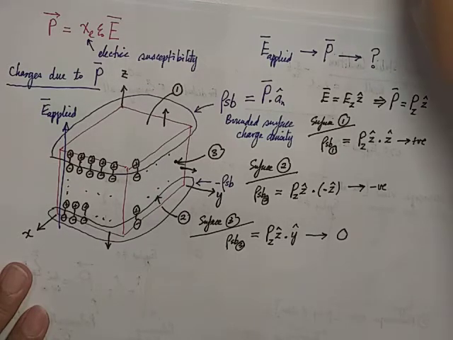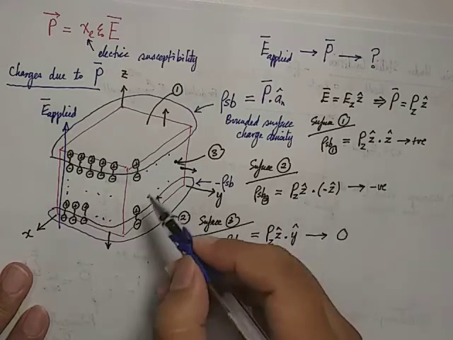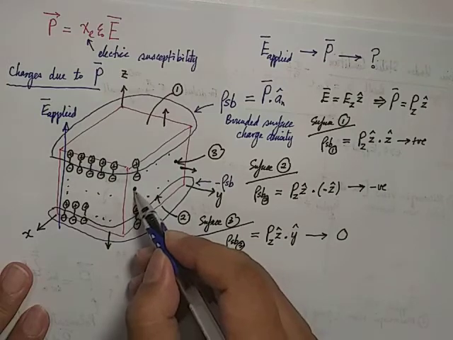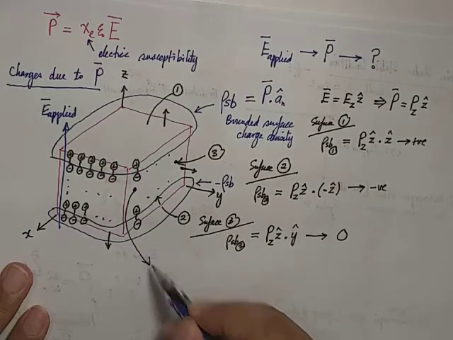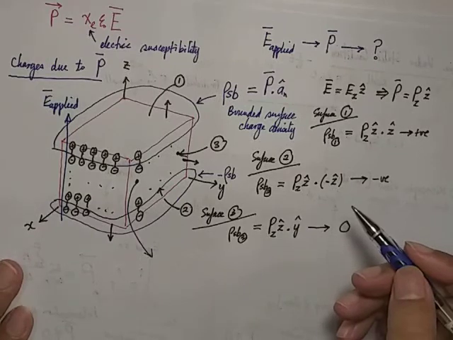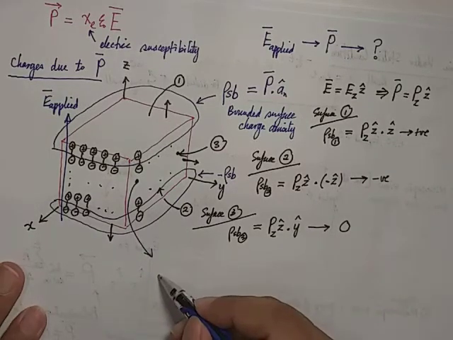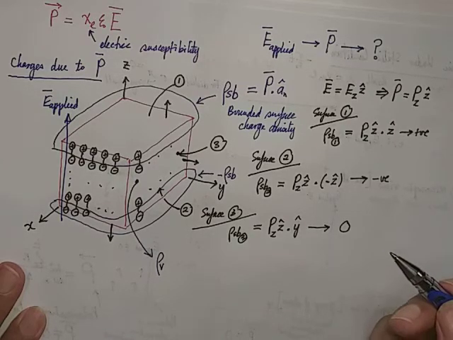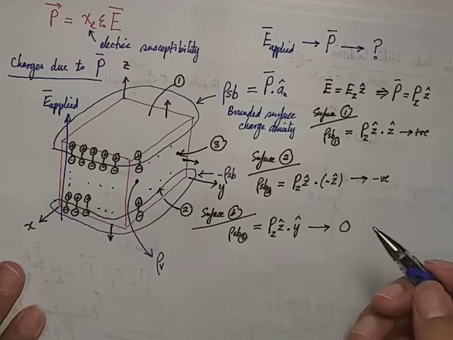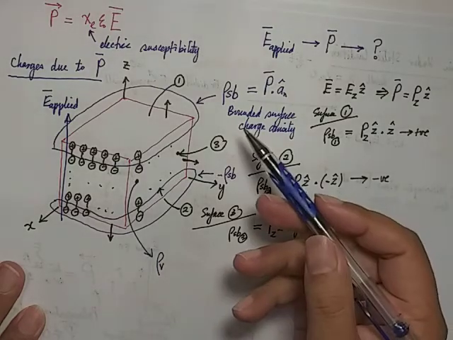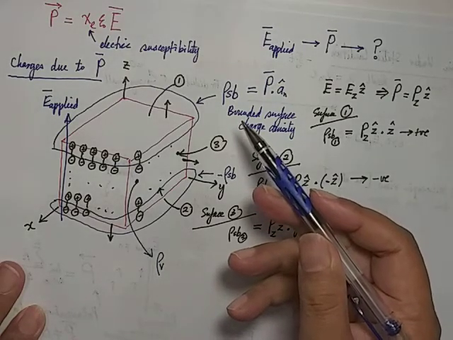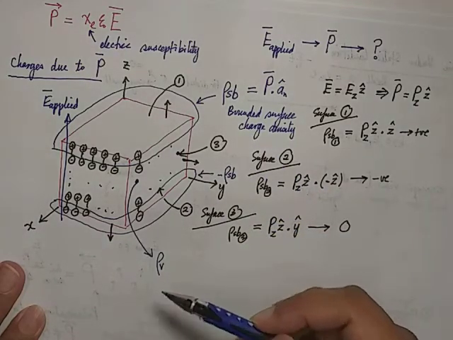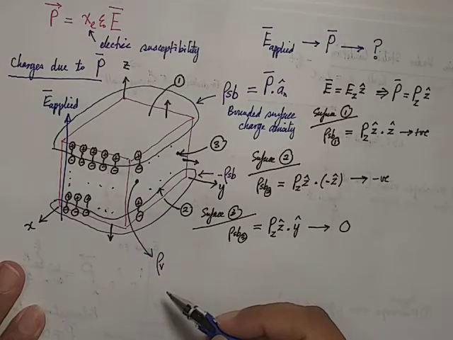The second type of charge that you're going to have actually exists inside this particular dielectric material. So we're going to represent the charge now. Because it's located inside the dielectric, we're going to call it volume charge. But still the same pattern is applicable as what you've seen before in the surface bound charge scenario. That behavior is still applicable to the volume charge because the charges are not free to move.